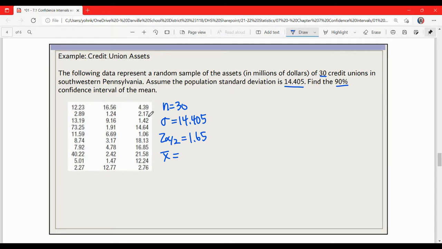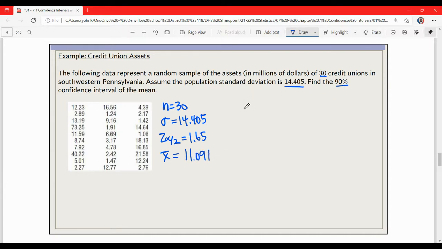So I need to type these numbers into my calculator, by putting them into L1, L2, and then I need to do one var stat in order to get the mean. The mean should have 3 decimals because the data had 2, and so that gives me 11.091.